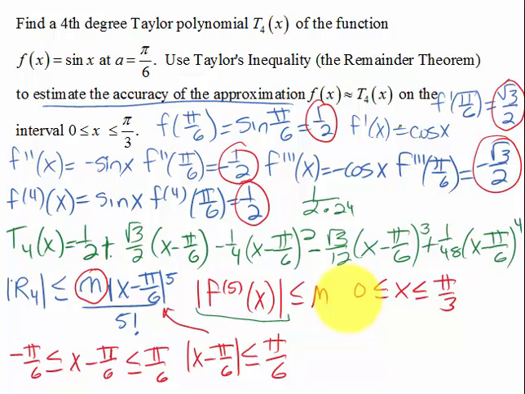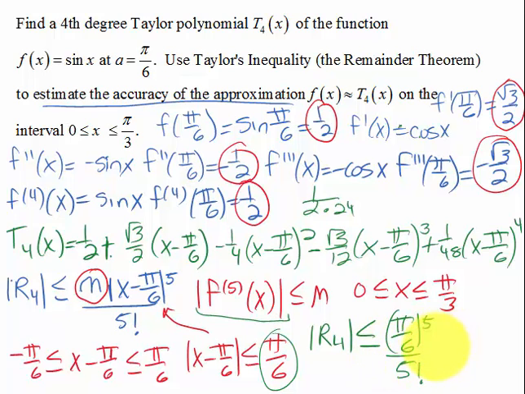So we could put a 1 where the M was, and in setting up the inequality, we're going to have that the size of the remainder is less than or equal to, we're going to replace the M with a 1, and we're going to replace the absolute value of x minus pi over 6 with pi over 6, and that needs to be to the 5th power, and then we have that still divided by 5 factorial.